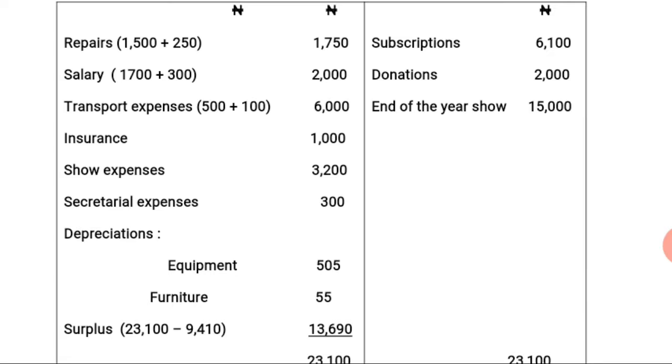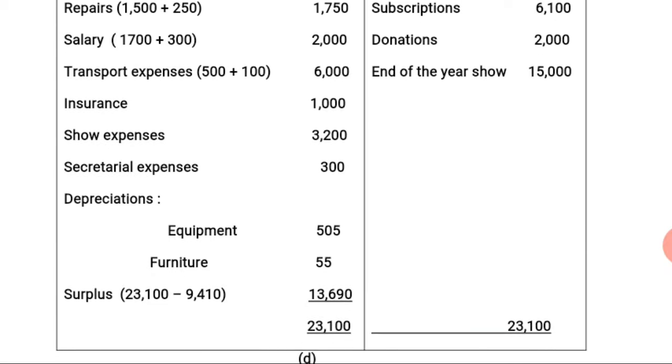Then transport expenses, the same thing applies to it, as we have 500 naira paid from receipt and payments account. Then we have 100 naira still owing from the additional information number 3. So we have 600 naira as the value for the transport expenses. Then we have insurance, as paid in the receipt and payment account, which stood at 1,000 naira.